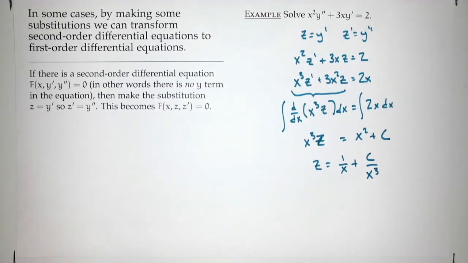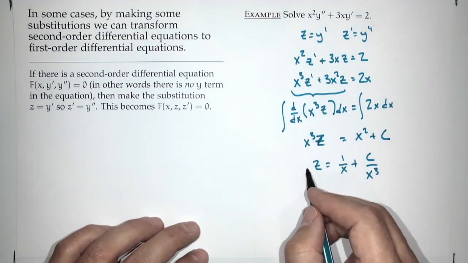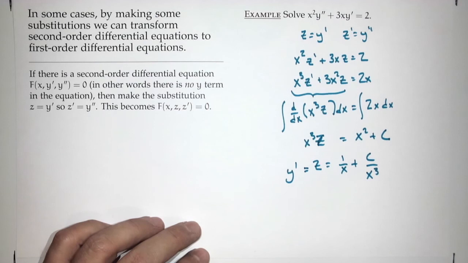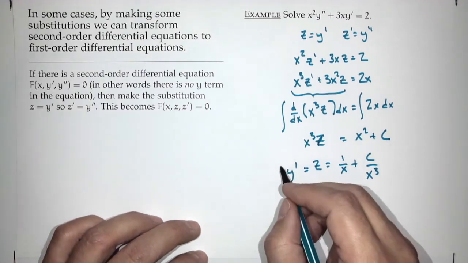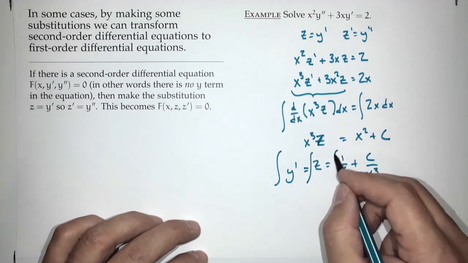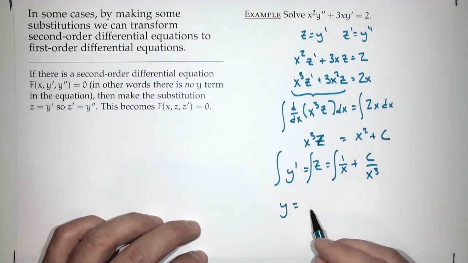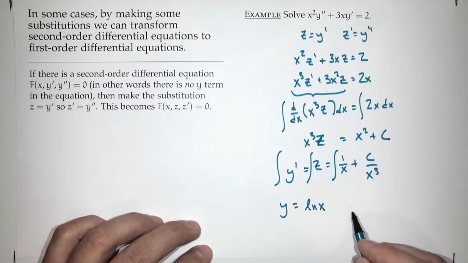Are we done? No! Because we've got to go back to our substitution. This is not z, this is really y prime. So now what do we have to do? Integrate. So what is y? Well, what's the integral of 1 over x? Natural log of x. Integral of c over x cubed: there's a minus involved.